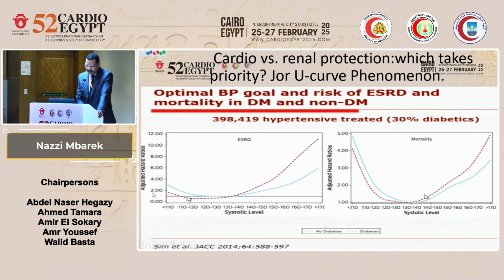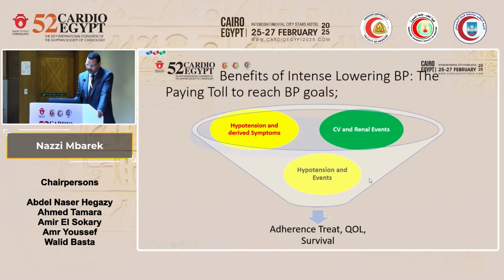When you are lower, there is no big damage for the kidney. But if you look at mortality, you see that it's very important whenever you are less than 120. It's the U curve phenomenon. That means that you don't have to go below.